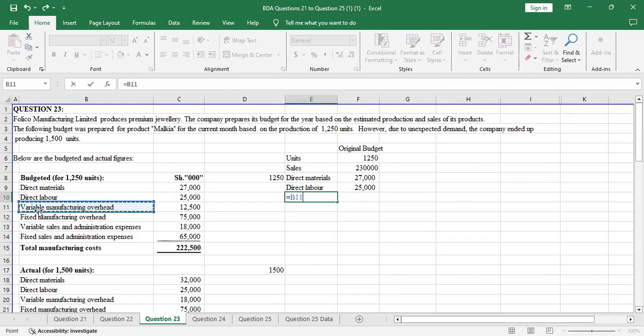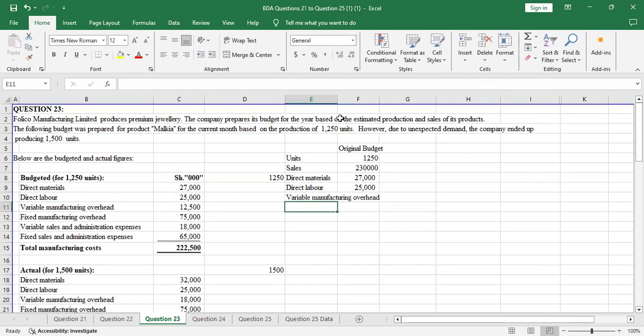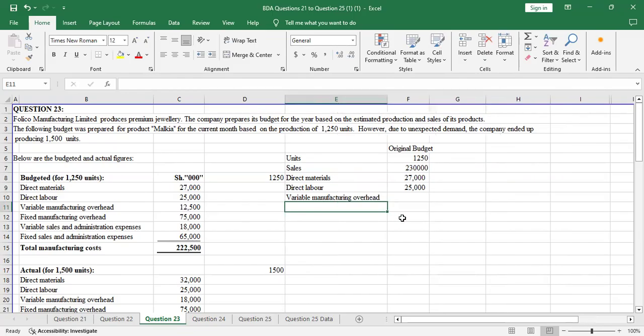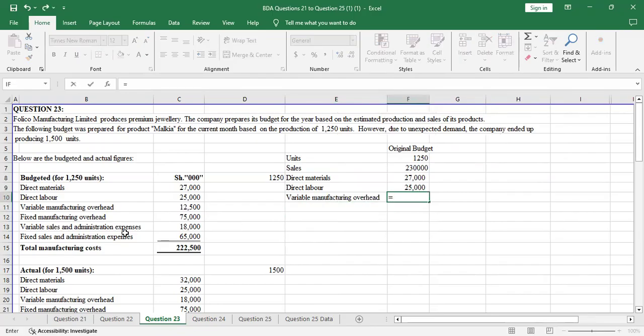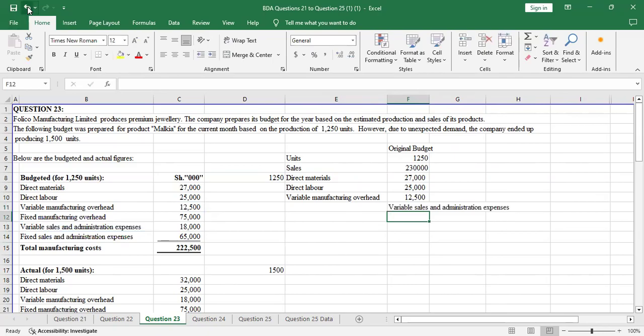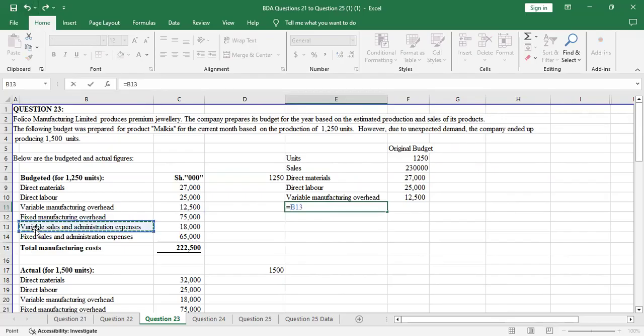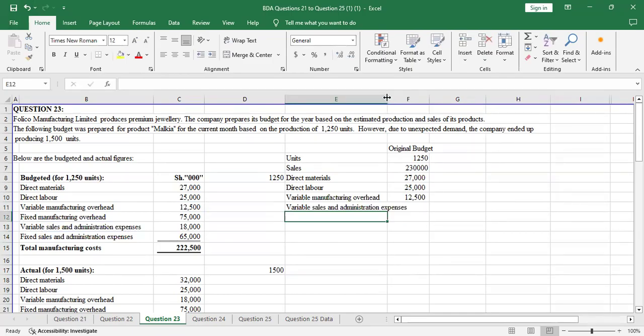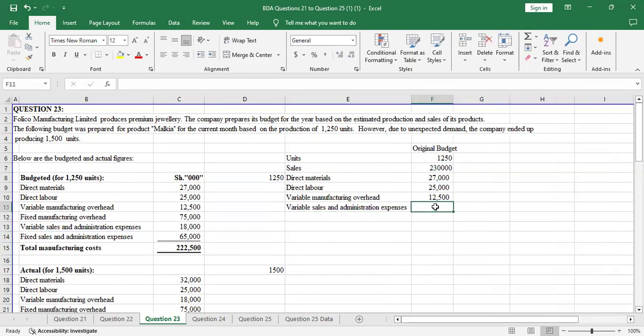Then variable manufacturing overhead, that's a variable cost, 12,500. Allow me to skip the fixed cost and pick variable sales and administration. You have to classify costs. So I'll take variable sales and administration, which is 18,000.